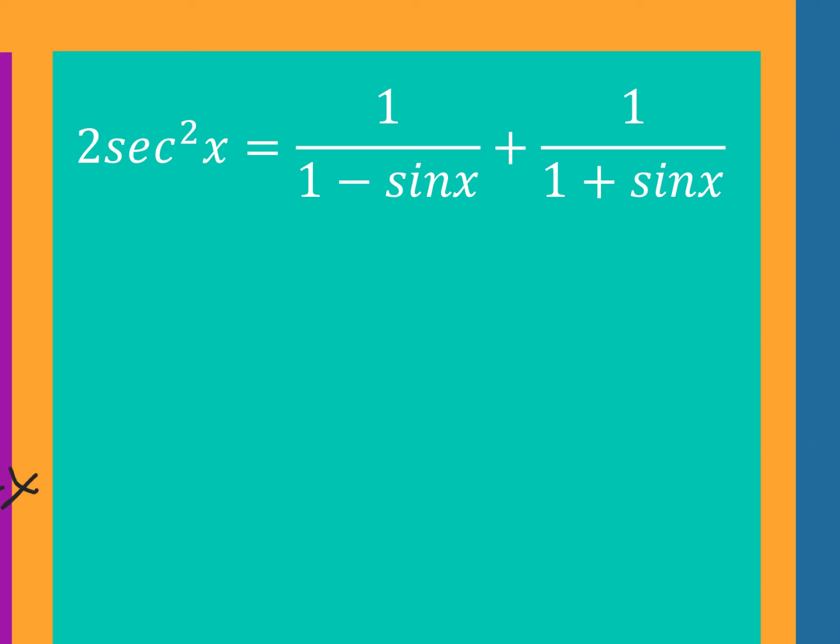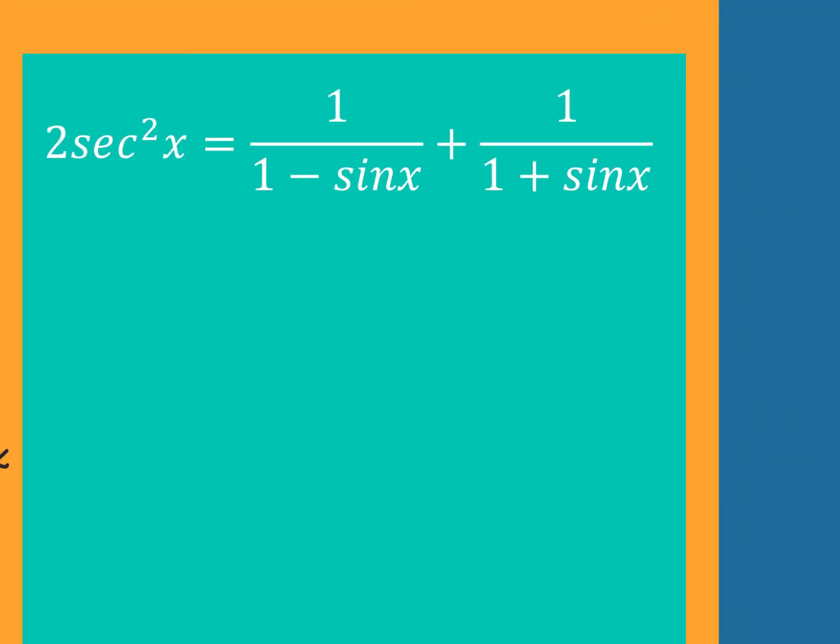Is this like what we did a couple lessons ago when you would multiply by the other denominator? Yep. We multiplied each fraction by the opposite denominator because we have to get them to be one denominator. So my least common denominator would be 1 minus sine of x and 1 plus sine of x because they are different.